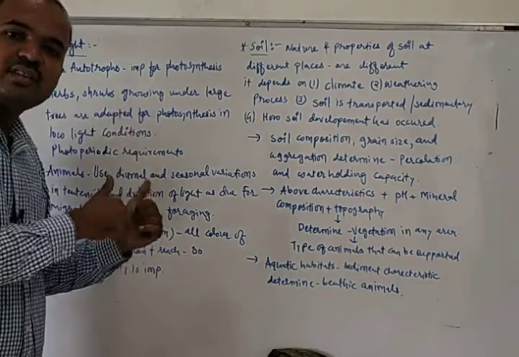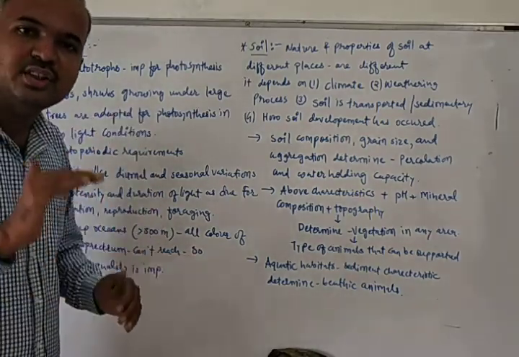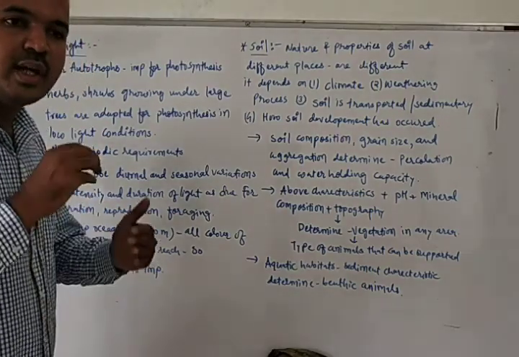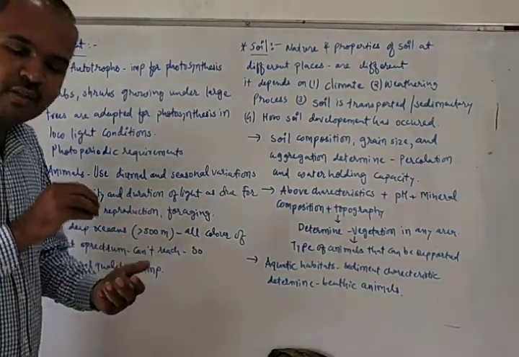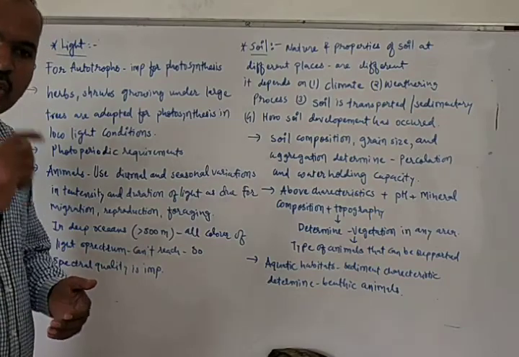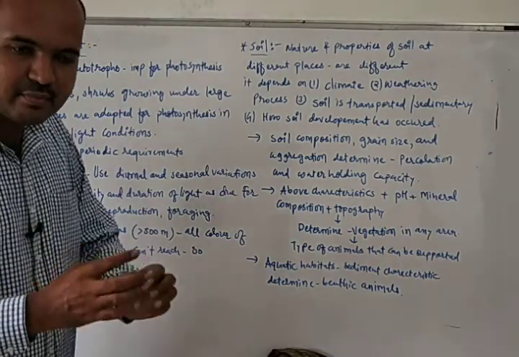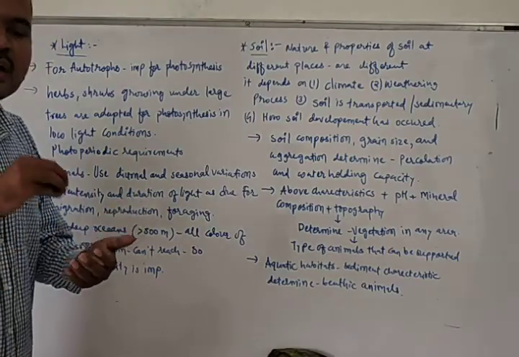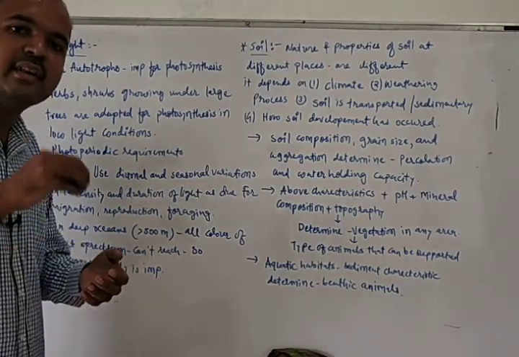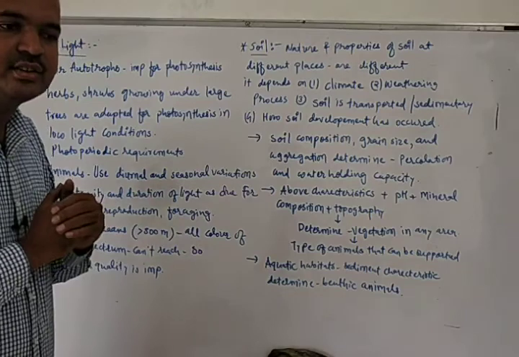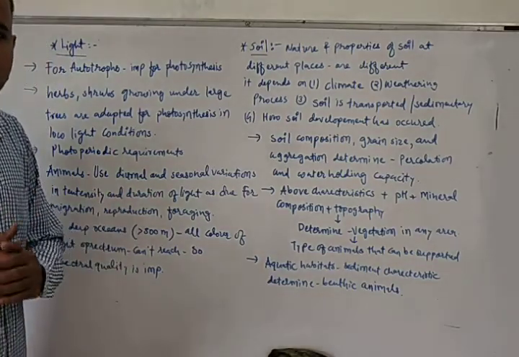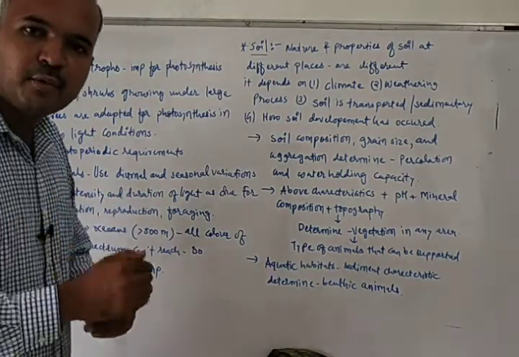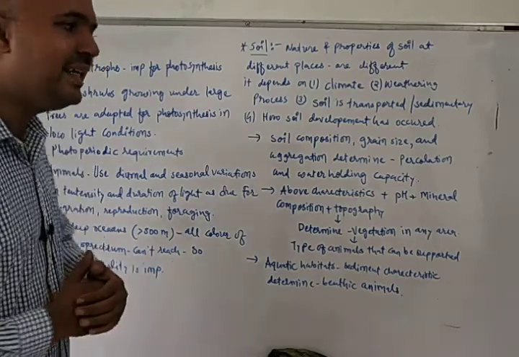So we said that for autotrophs light is very important for photosynthesis, and autotrophs like herbs and shrubs which grow under large trees in tropical regions don't get enough light, so they are adapted for photosynthesis even in low light conditions.